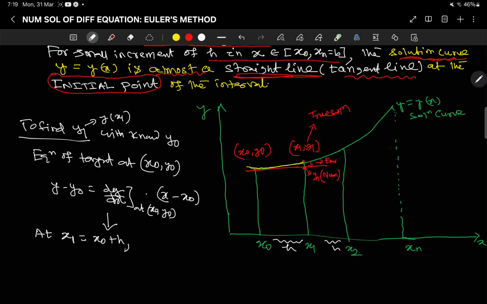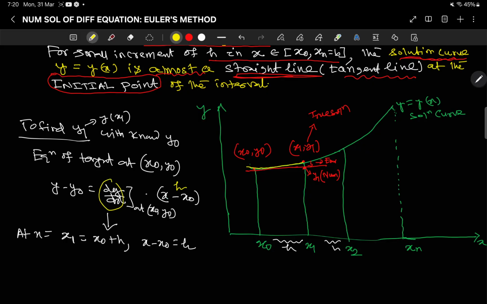So at x equal to x1, which is x0 plus h, x minus x0 is here h. So this is replaced by h.